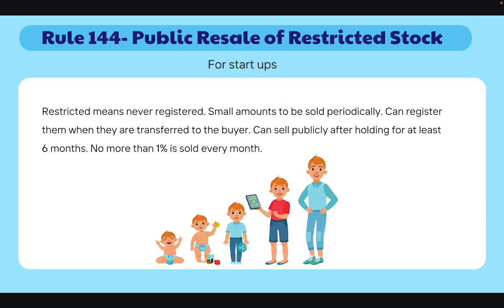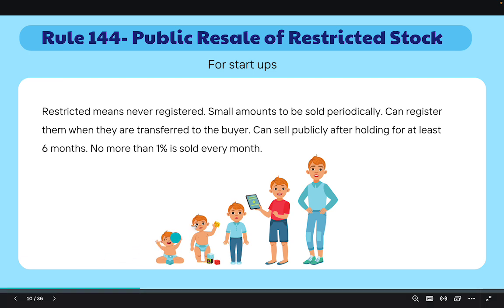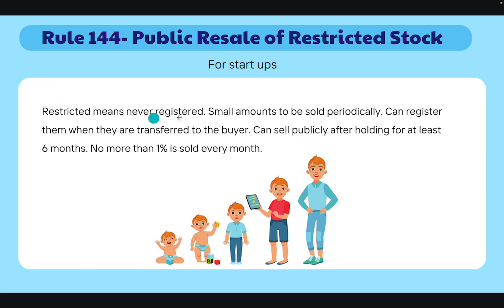Rule 144. Let's say you start out as a small company, like a startup, but then you grow. Restricted means these were never registered because they got that exception, and Reg A specifically.